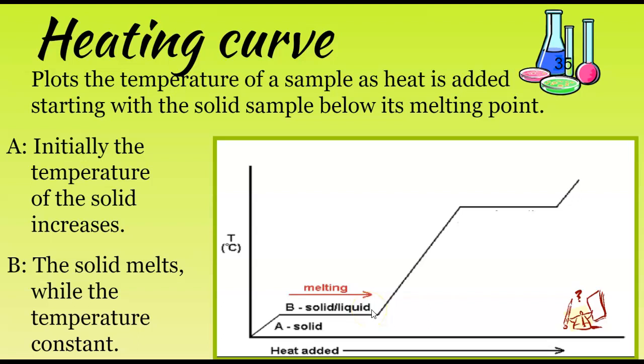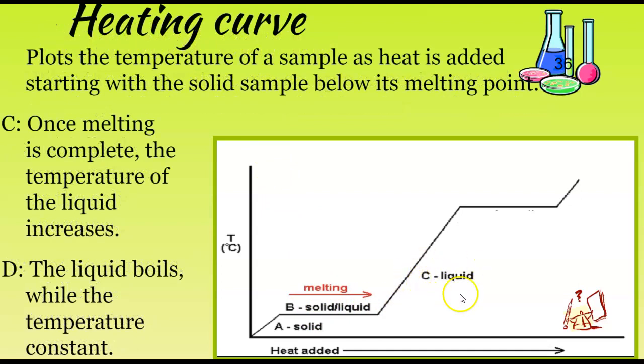Think of when you put ice into your beverage, ice water. You have water, the liquid, and the ice, the solid, at the same time until a point when all that solid is melted.